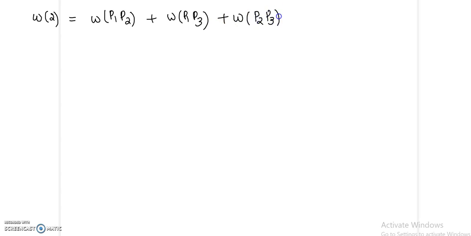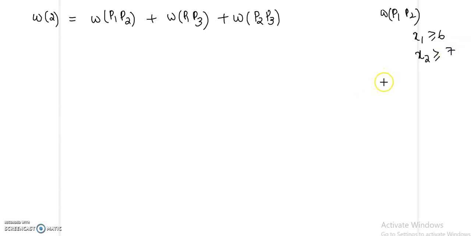Now similarly, when we take omega of 2, that is the summation over only 2 combinations. So that is omega of P1 P2, omega of P1 P3 and omega of P2 P3. So let us look at P1 P2. Here we need x1 greater than or equal to 6 and x2 greater than or equal to 7.